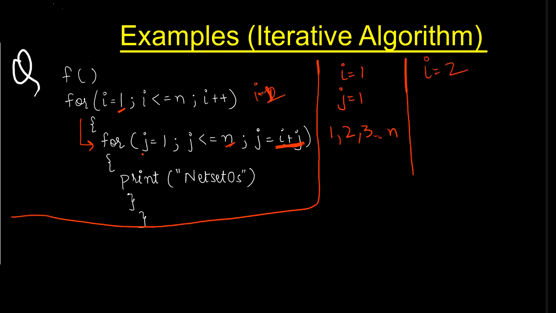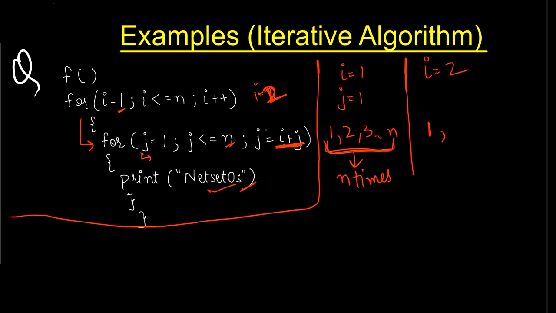Now here we have i as 2. So first of all, j will be printed for the 1 time. At this moment, I am not telling the printed version, but how it will print. That is, here Netset OS will be printed for n times.